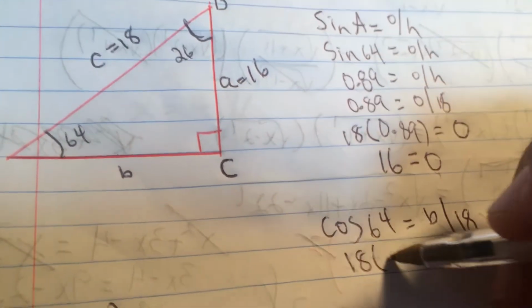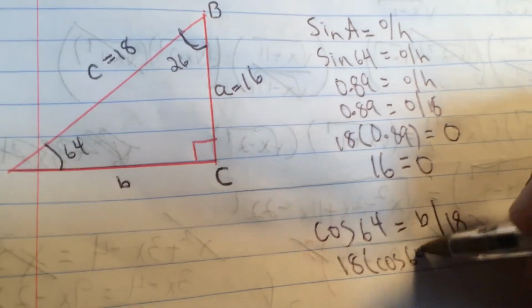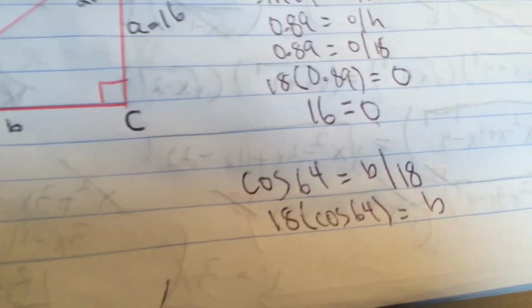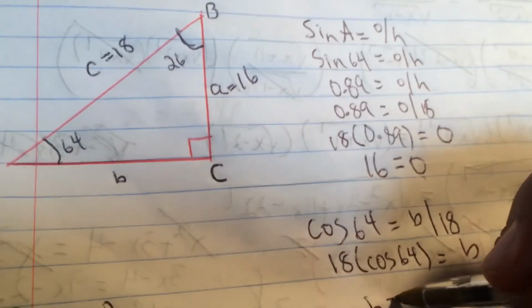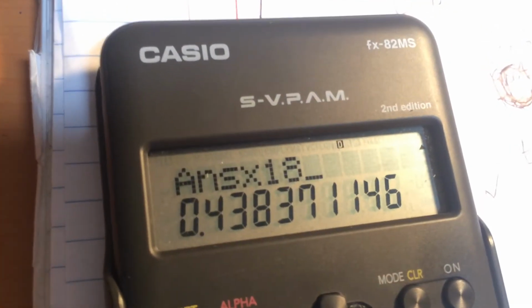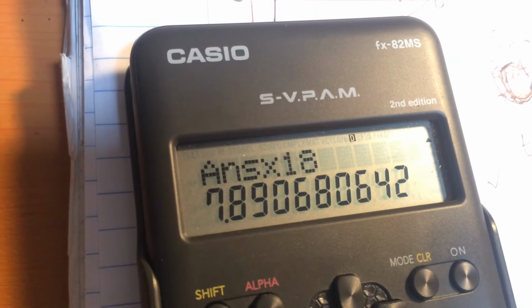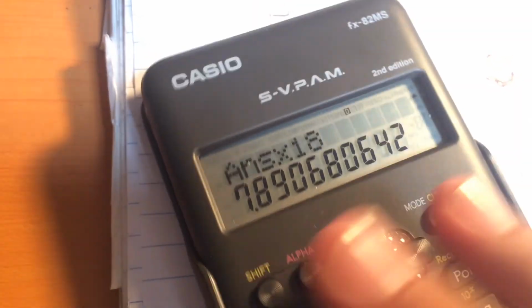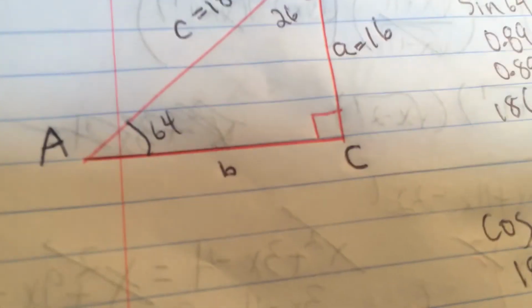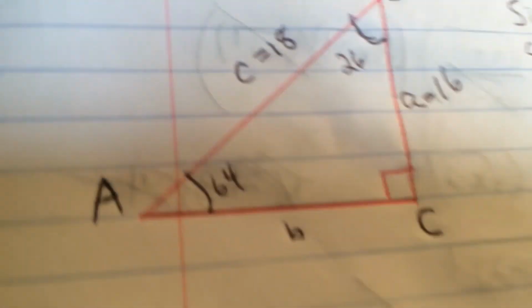So 18 times the cosine of 64 is going to be equal to side B. If we simplify, cosine of 64 is 0.89, times 18 is 7.89, let's round it to 8. So that means that B is equal to 8. This side.